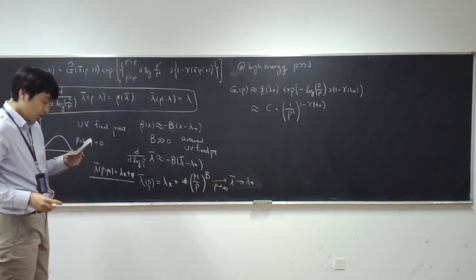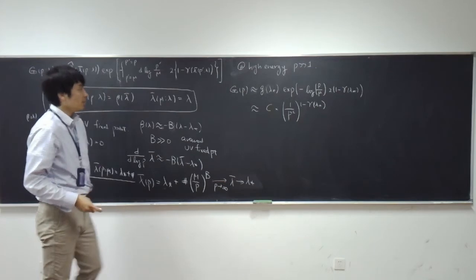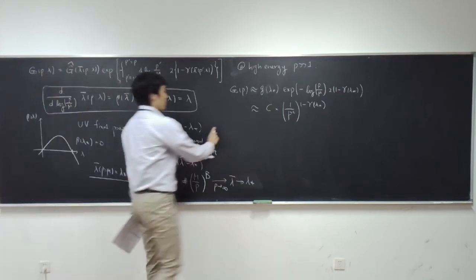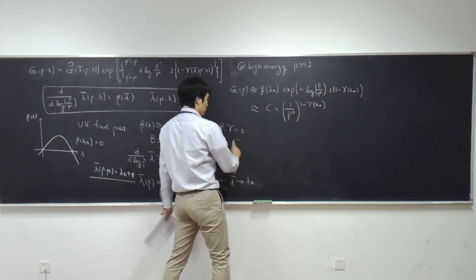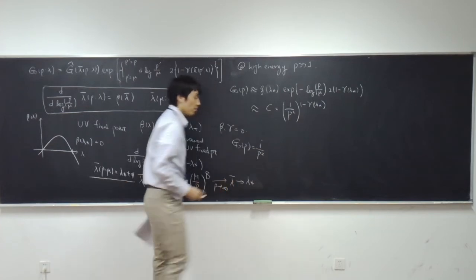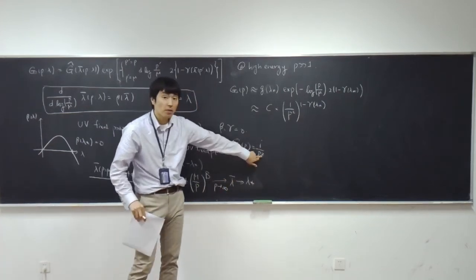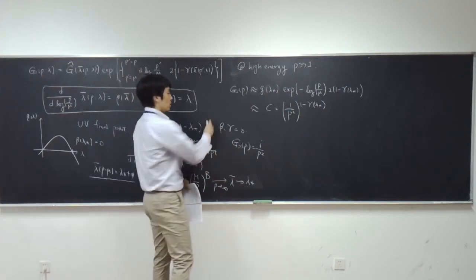C is some constant that depends on G of lambda star. And it's a remarkable fact that if the beta and the gamma are 0, then we see G2 of P is 1 over P squared for scalar theory. And this really comes from the mass dimension of the 2-point function.